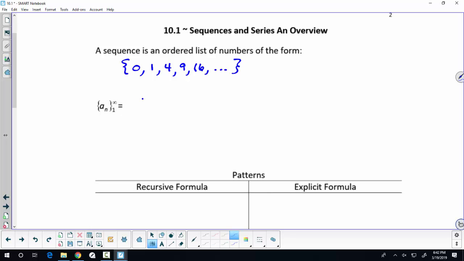But the general way to look at this is we've got a sub 1, the first term, a sub 2, a sub 3, a sub n, a sub n plus 1, and so forth.